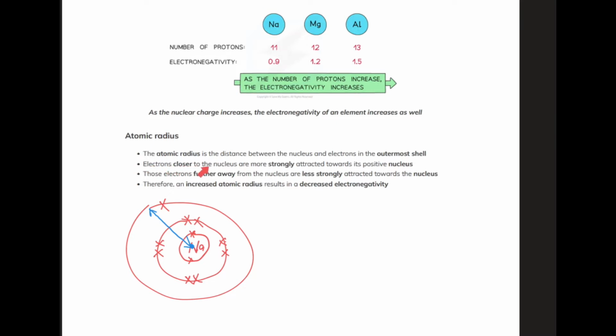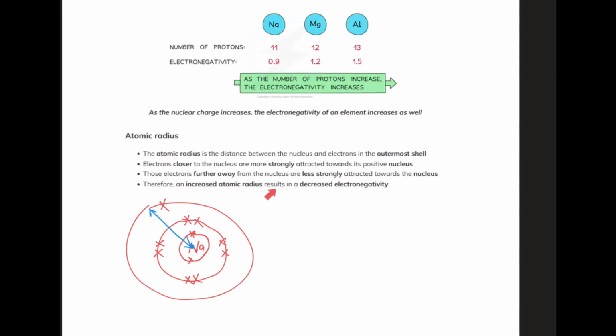Electrons closer to the nucleus are more strongly attracted towards its positive nucleus. So this electron is more strongly attracted compared to this electron. This electron is further away, so the attraction is weaker. Those electrons further away from the nucleus are less strongly attracted towards the nucleus.